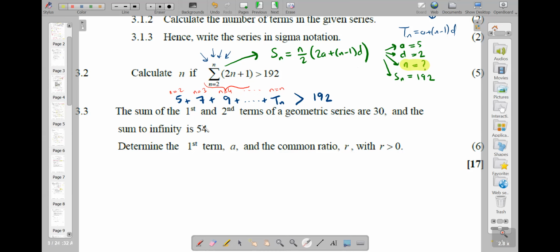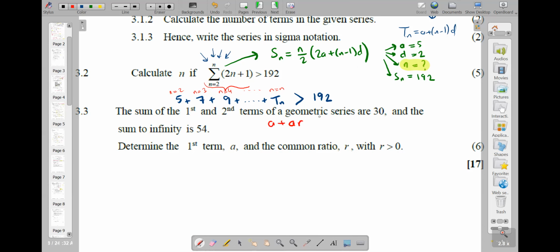Okay, now the next one. It says the first 2 terms of a geometric series add up to 30, and the sum to infinity is 54. The first term is A, the common ratio is R. So find them. It's just solving simultaneous equations, because we are given T1 plus T2, which is A plus AR.